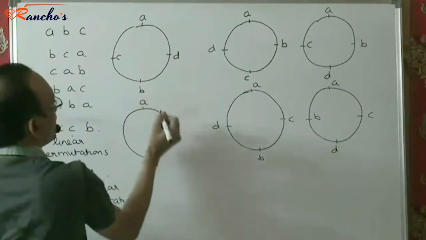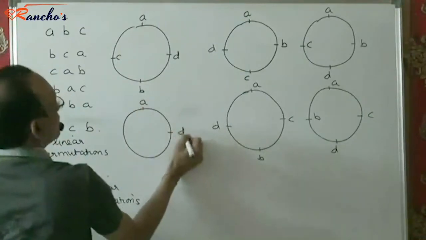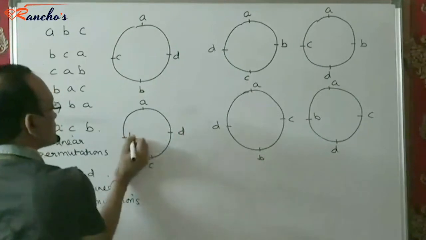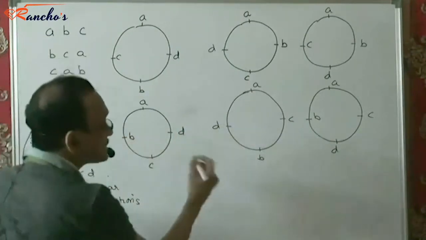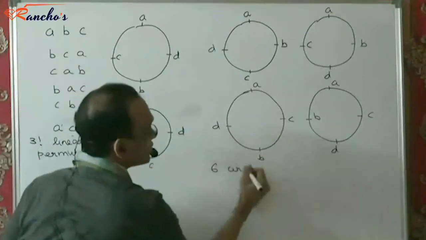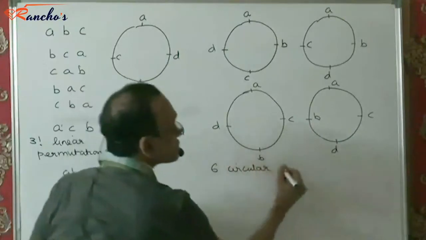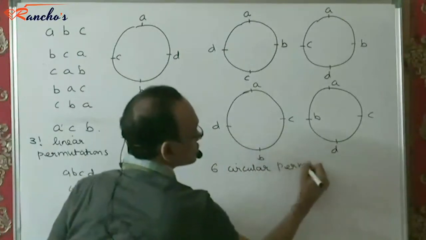Or I could have had A, C, B, D like this. Or A, C, D, B like this. Or A, D, B, C like this. Or A, D, C, B like this. How many are these? Realize that there are 6 circular permutations.